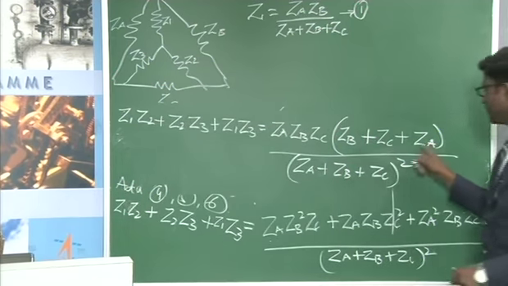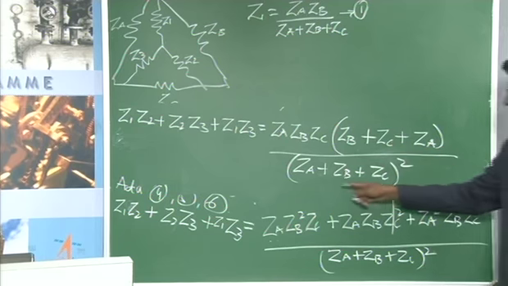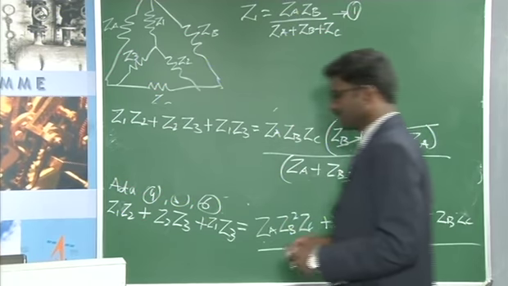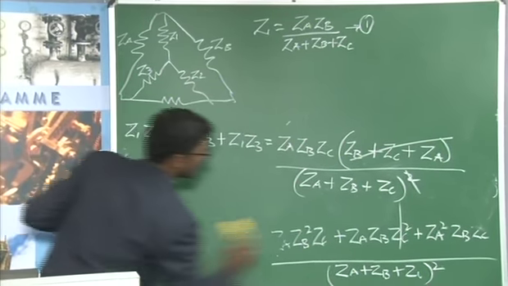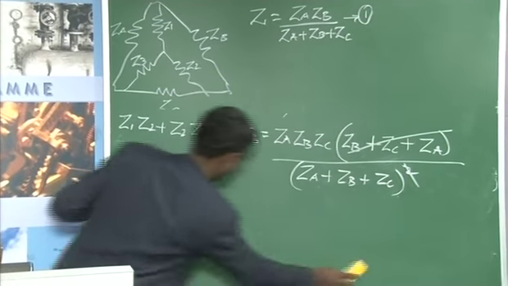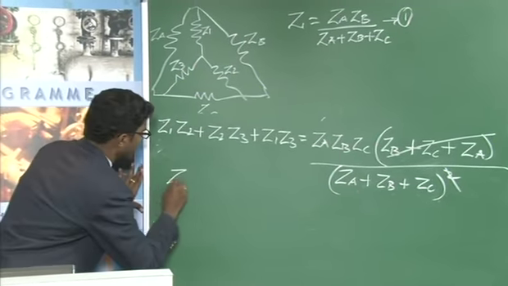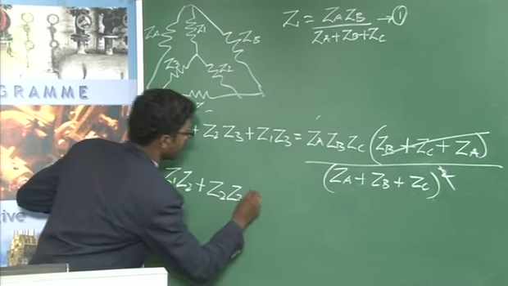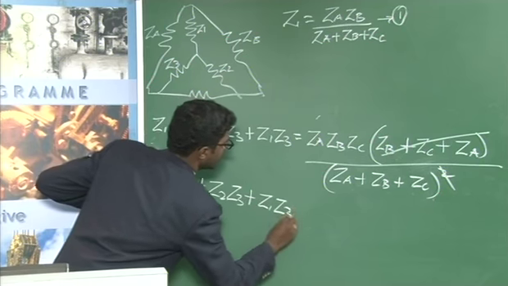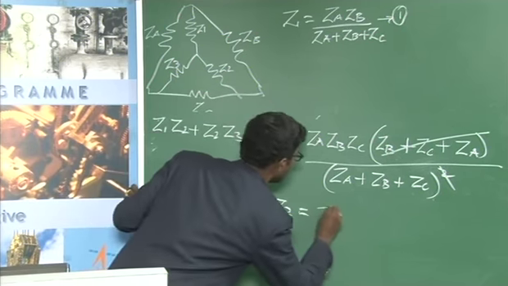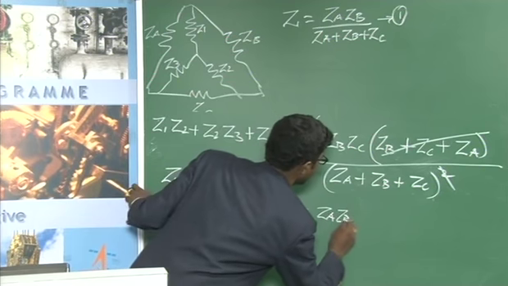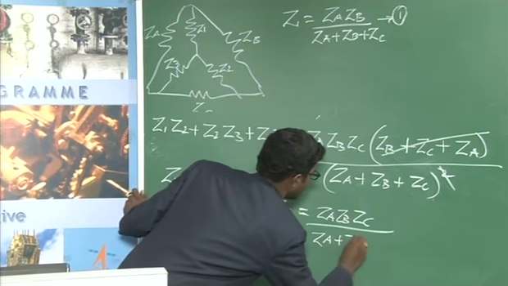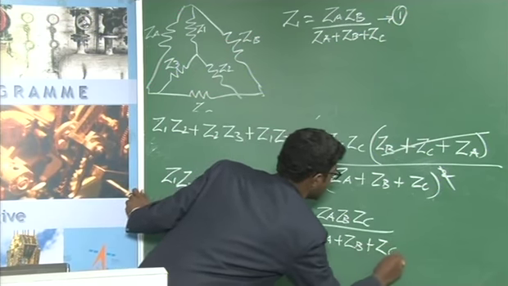In the numerator it is ZA plus ZB plus ZC, and in the denominator it is ZA plus ZB plus ZC square, so you can cancel this. The remaining terms are: Z1 into Z2 plus Z2 into Z3 plus Z1 into Z3 is equal to ZA into ZB into ZC whole divided by ZA plus ZB plus ZC.